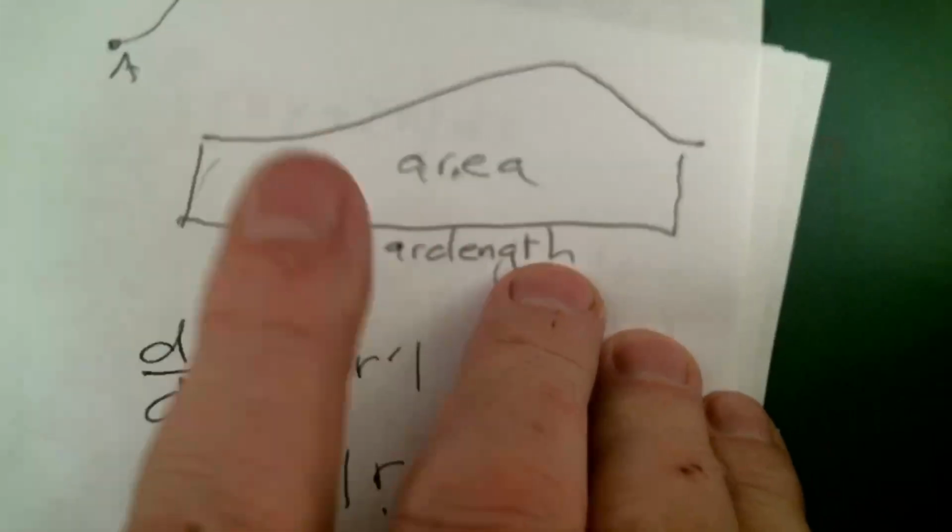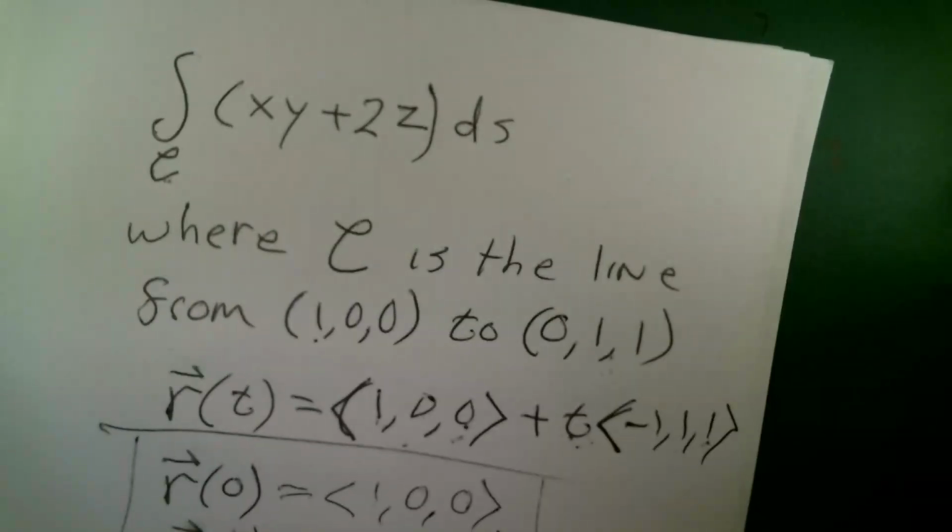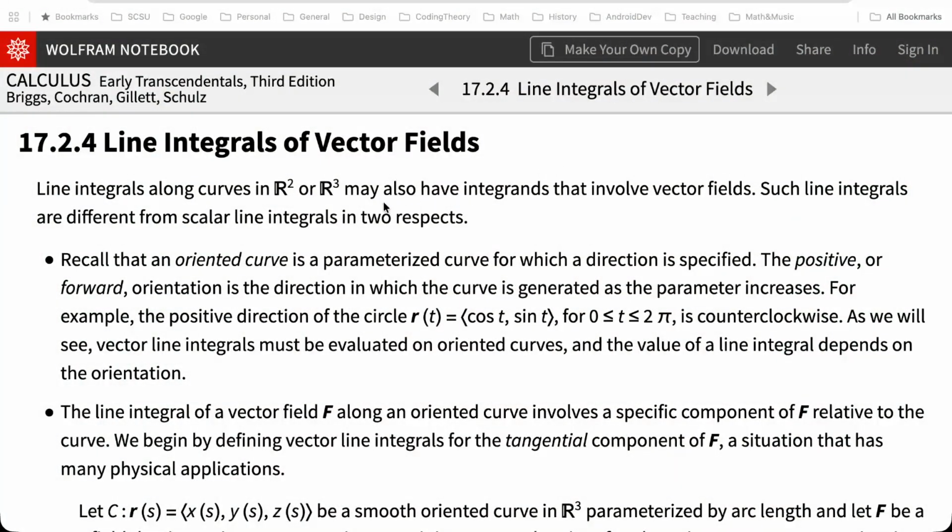So that changes when we have vector fields to deal with. We have to be very careful about the direction of our curve that moves us along the wavy wall. So they, I love it when they say this kind of thing. Recall that. I don't know that we've ever talked about that before, so it's weird for them to say recall. But an oriented curve is a parameterized curve with a direction that's specified.